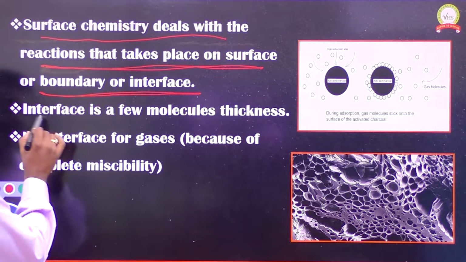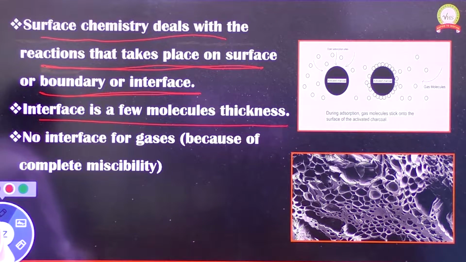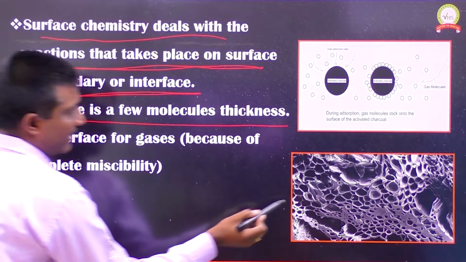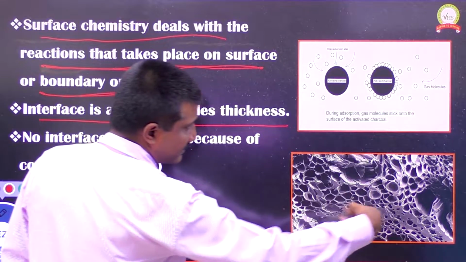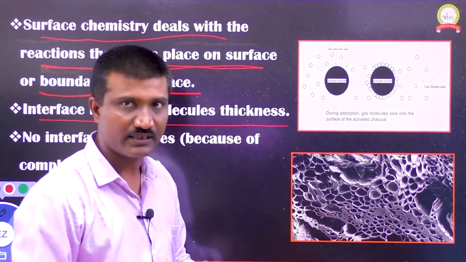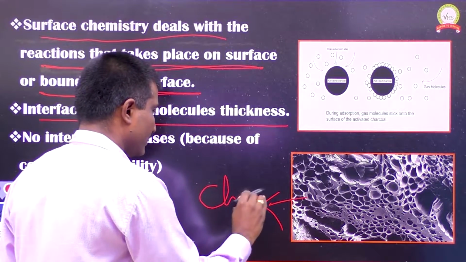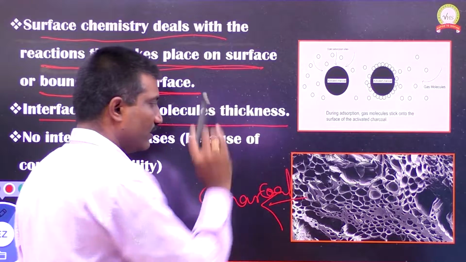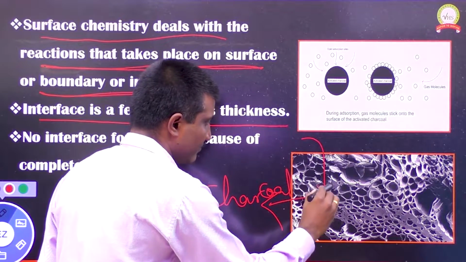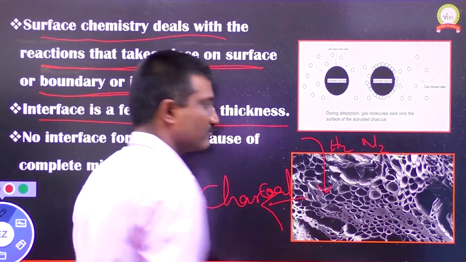Now, here the surface interface is a few molecules thick. For example, let us take a substance where some chemical reaction is taking place. This we call charcoal. In this charcoal, let us pass some hydrogen gas and nitrogen gas.